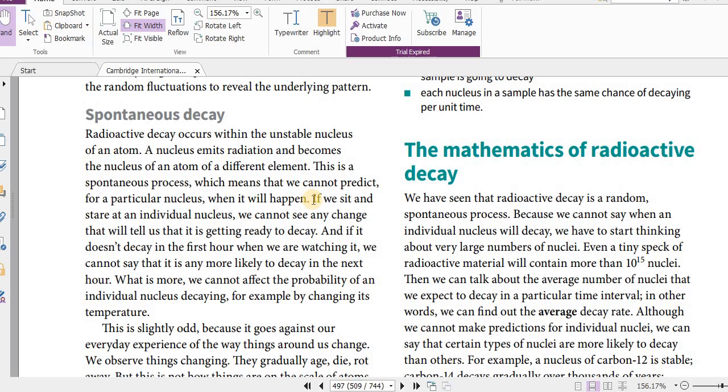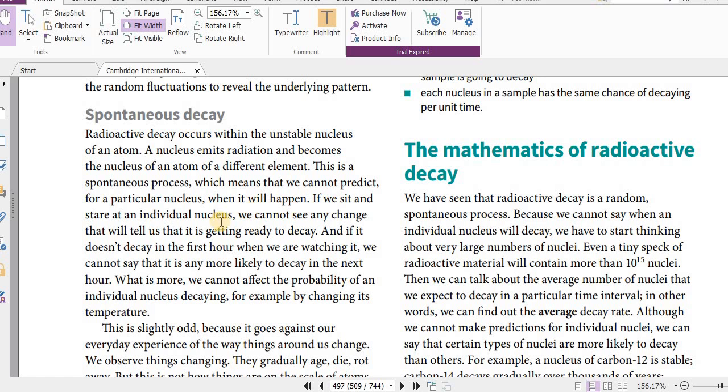So for example, if you take a piece of uranium, it is made up of uranium atoms, but we don't know which uranium atom will decay next. That is what this means. So maybe there are a million or a billion uranium atoms, but we don't know out of those million, billion or thousand, which one will decay next.